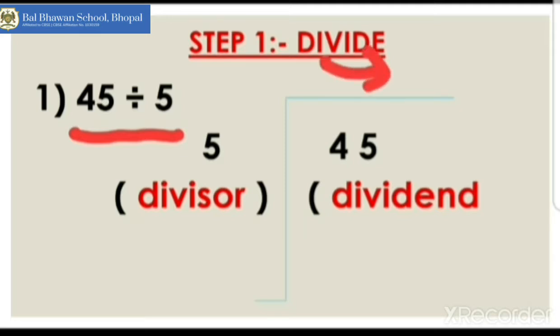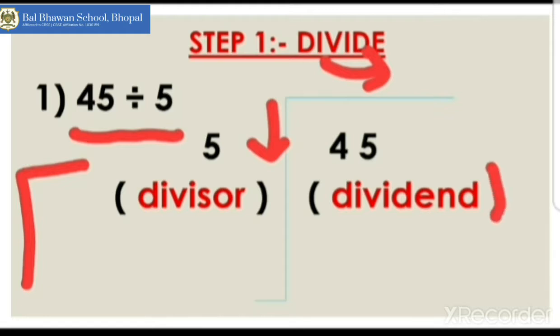You can see ma'am has drawn one bar here like this. First we will draw the bar, and the dividend, the number which is to be divided, 45, is written inside. And 5, that is the divisor, is to be written outside. So always in every question, the dividend will go inside the bar and the divisor is to be written outside the bar.